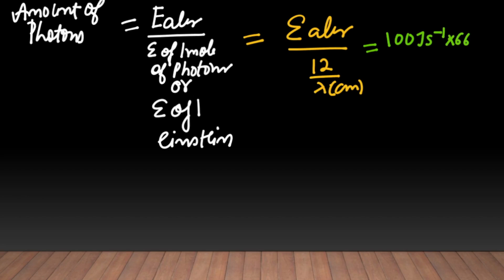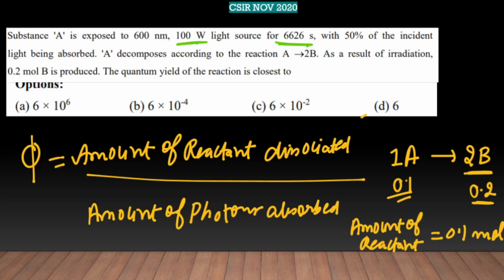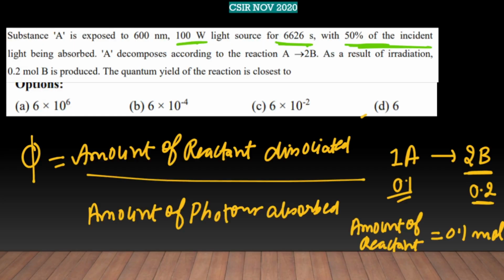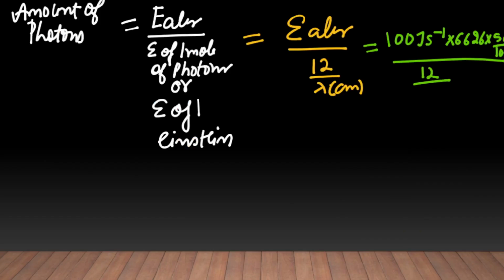The time is 6626, and one more condition is given, that only 50% of the incident light is being absorbed. So E absorbed is overall 50% of this, upon 12 upon the wavelength in centimeters. The wavelength is given as 600 nanometers, so it will become 600 into 10 to the power of minus 7 centimeters.